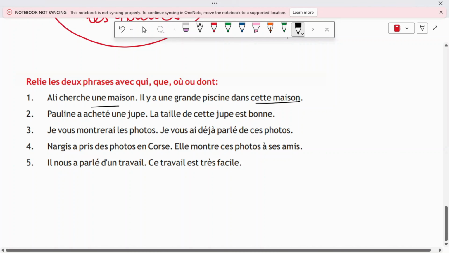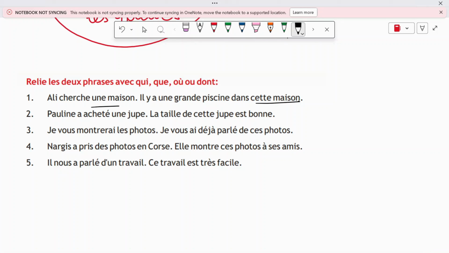Because this is not a direct object, we have a preposition in between. So ideally, if we were using relative composé, we would have put dans laquelle. But the question's requirement is very simple. It should be either qui, que, où or dont. So our answer is also going to be very simple.